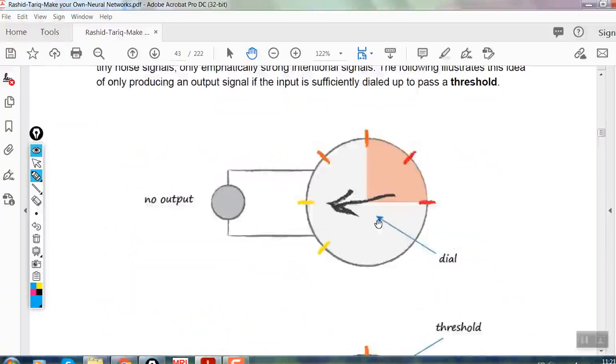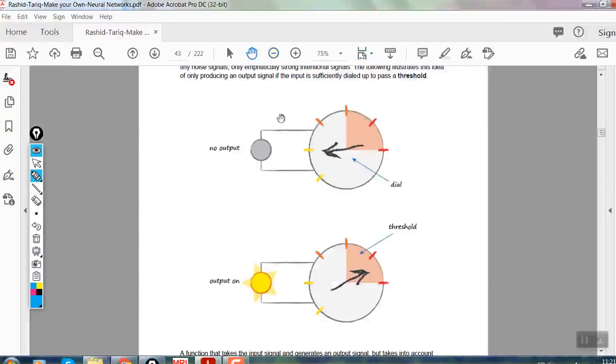In this book, this diagram is so interesting because it says that a neuron is like this circle, and if the amount of signal is in this gray area, then the neuron doesn't activate and we don't have any outputs.